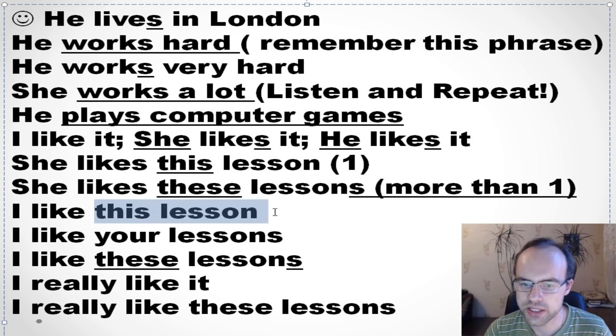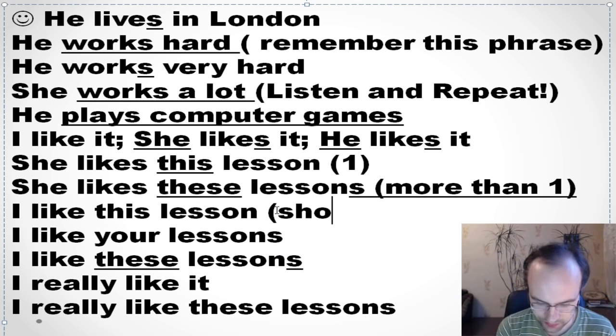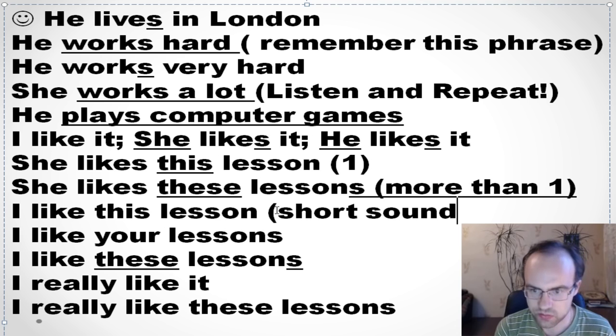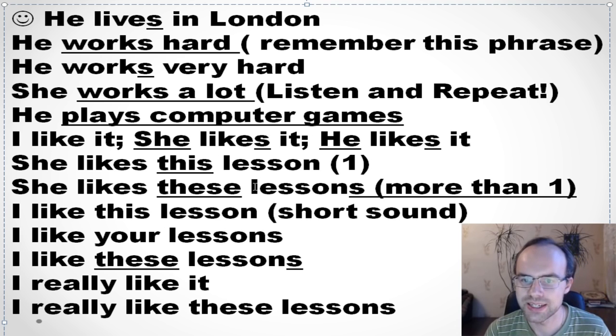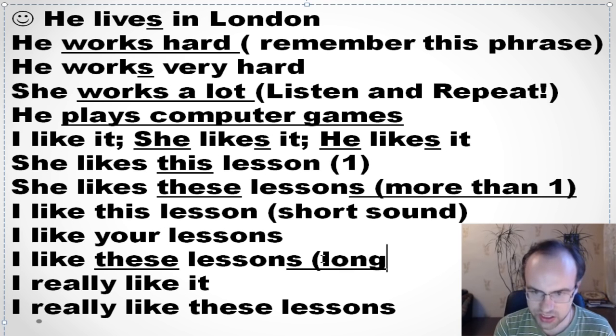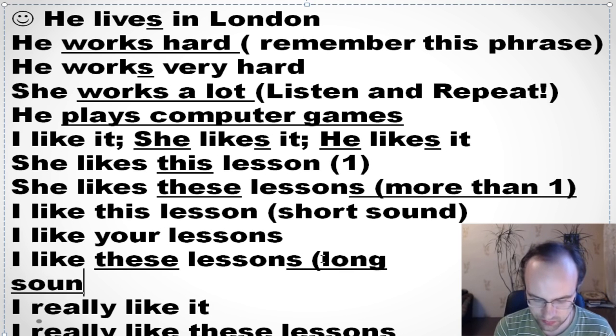We have this lesson, and these lessons. This lesson, short sound. This E is a short sound, E. This lesson, and these lessons, it's a long sound.